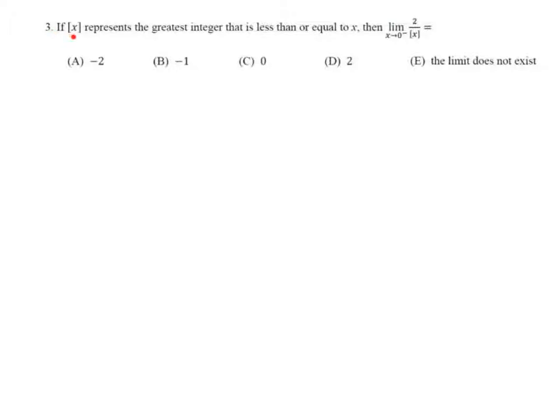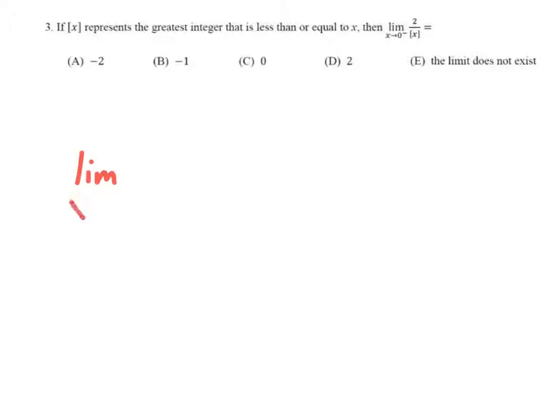If the greatest integer not greater than x represents the greatest integer that is less than or equal to x, then the limit as x approaches 0 from the left of 2 over the greatest integer that's less than or equal to x equals, well, let's break this down a little bit.